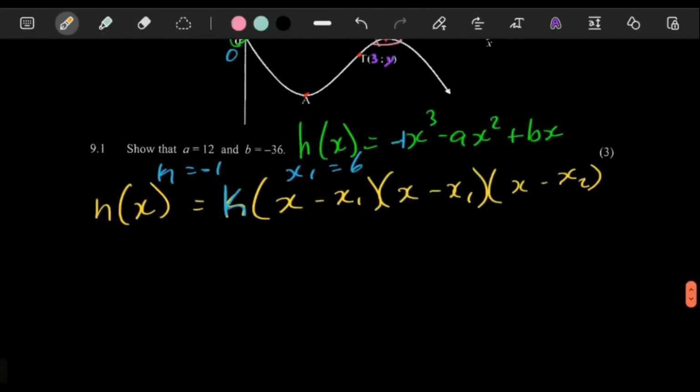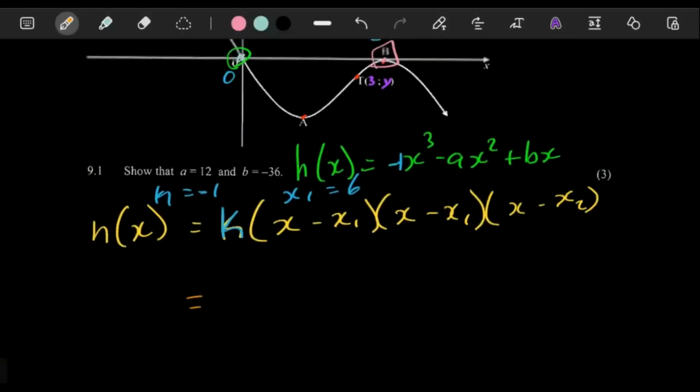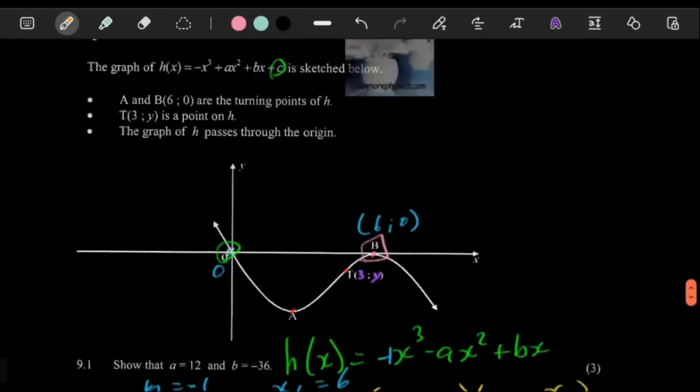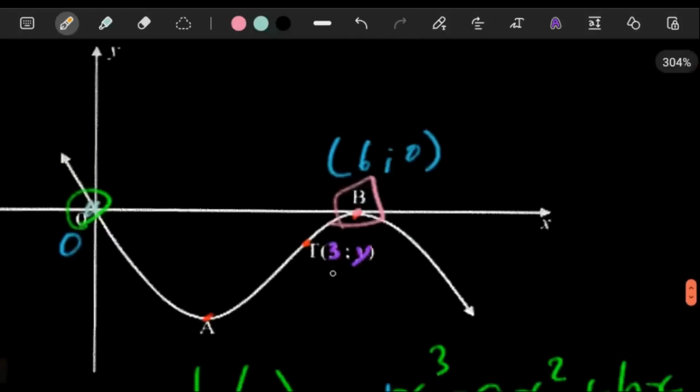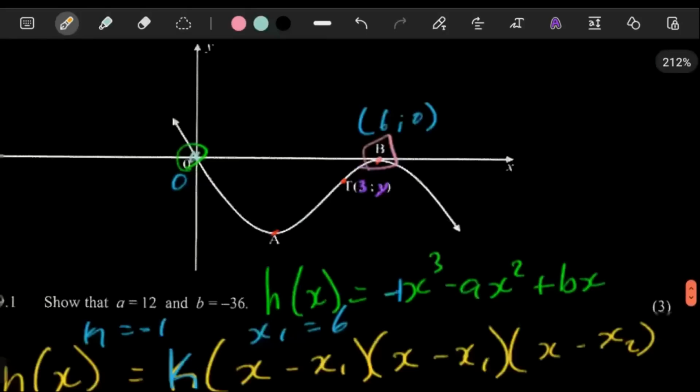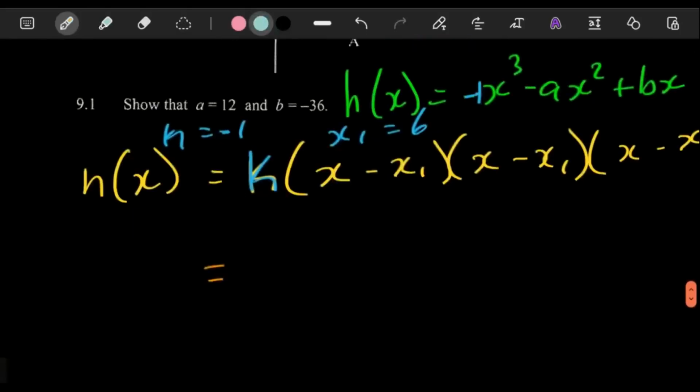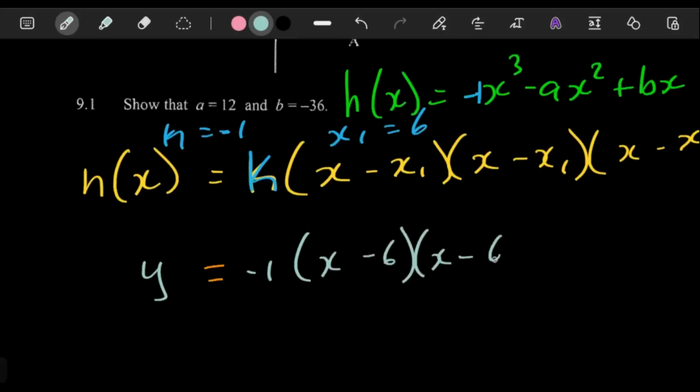So now let's see what you can do. We seem to have quite a bit of information. The only thing is here we only have an x value, and the y value is blank. So let's see how far we can go. The y value is y, k is -1, this is a 6, and then 6 again.